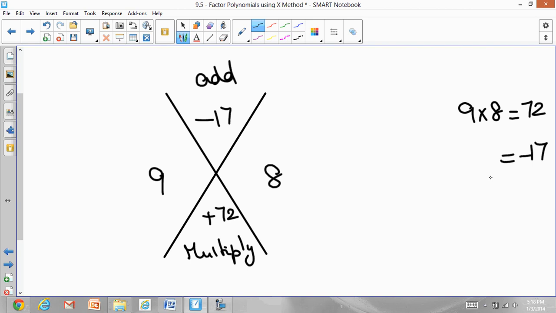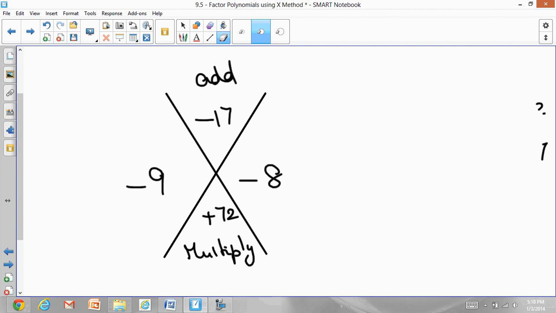Think of it like you're solving a puzzle. 9 and 8 will only give you a 17, it will not give you a negative 17. So negative 9 and negative 8, when you combine them, will give you a negative 17. The same two numbers, when you multiply, use your calculator: negative 9 times negative 8 gives you positive 72. So it works in both cases.